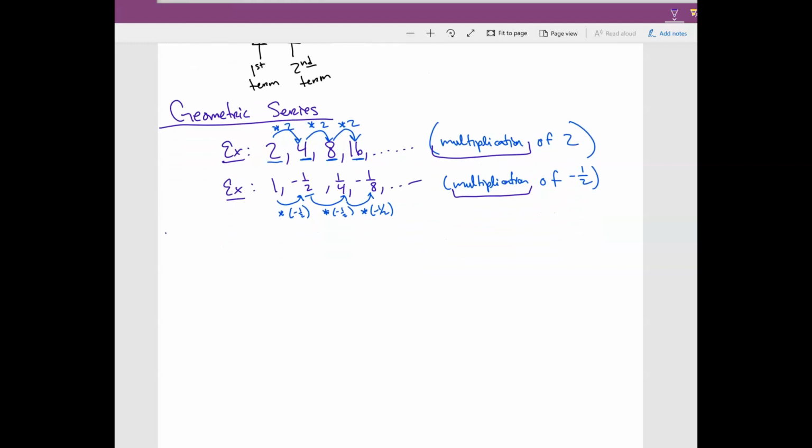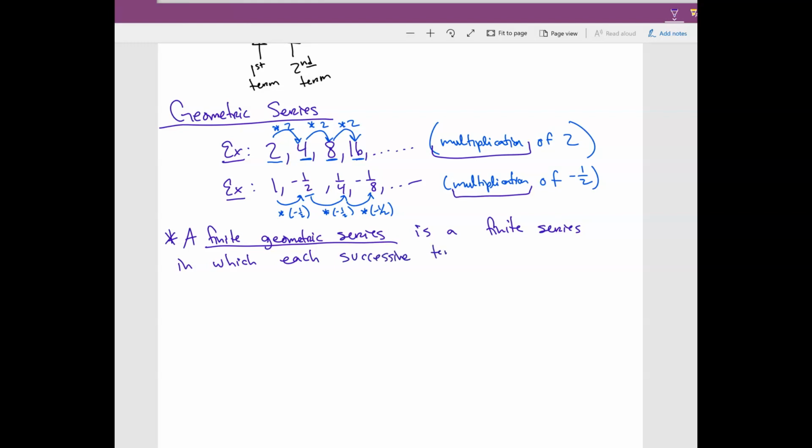Let me give you the definition. A finite geometric series is a finite series in which each successive term is obtained from the previous by multiplying by a fixed number, and this is r.